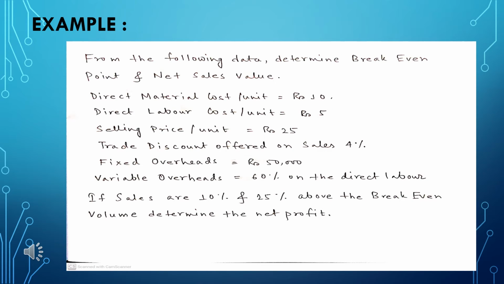Let's take another example into consideration. We need to find out the break even point and the net sales value from the below mentioned data that are available to us. The data available to us are: direct material cost per unit is rupees 10, direct labor cost per unit is rupees 5, selling price per unit is rupees 25, trade discount offered on sales is 4%, the fixed overhead is rupees 50,000, the variable overhead is 60% on the direct labor cost.